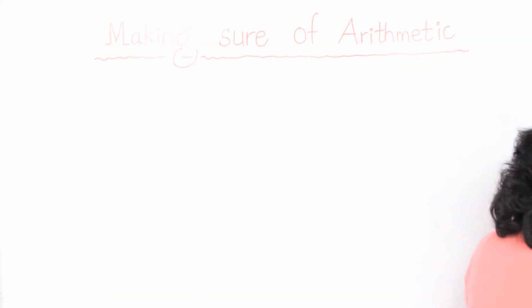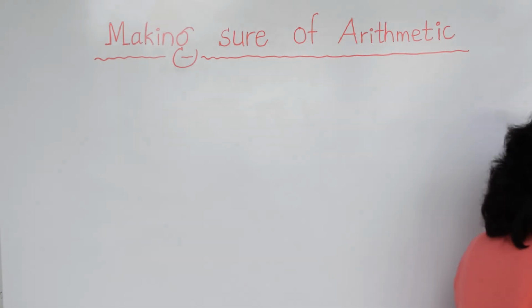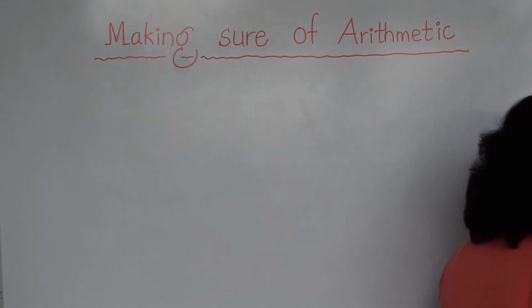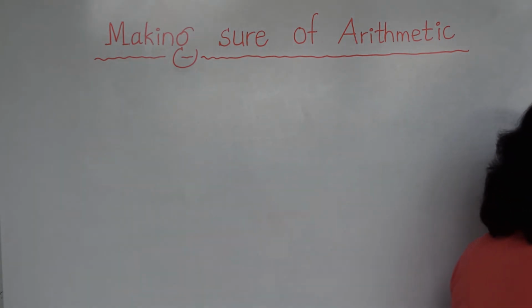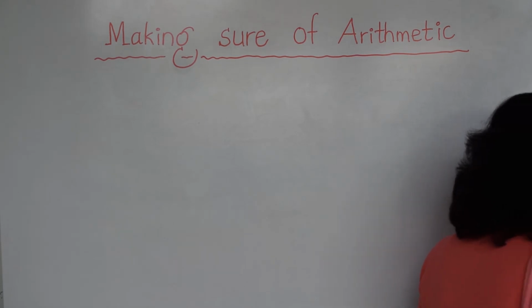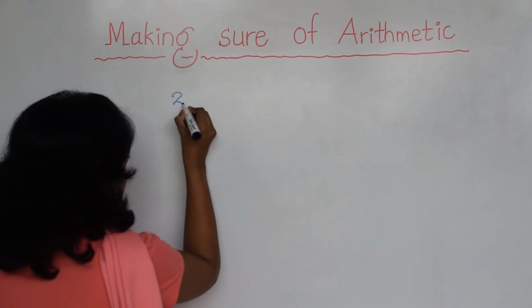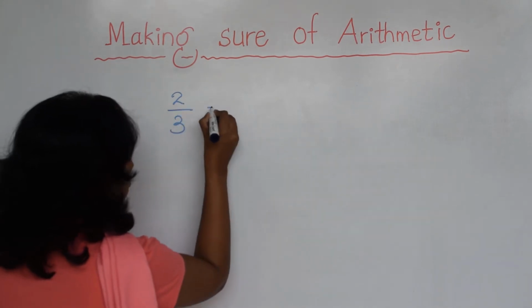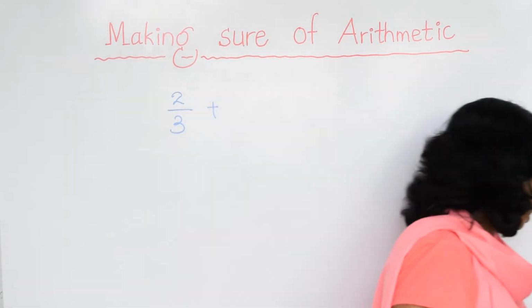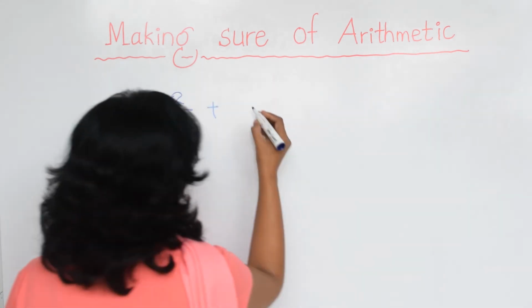So the example they have given in your textbook, right? I'll do it like this: 2 over 3 and 7 over 8.